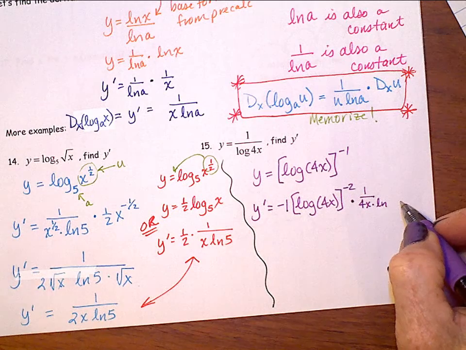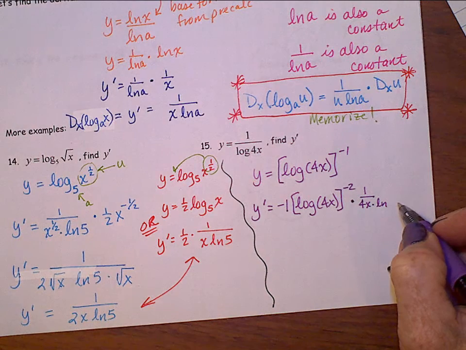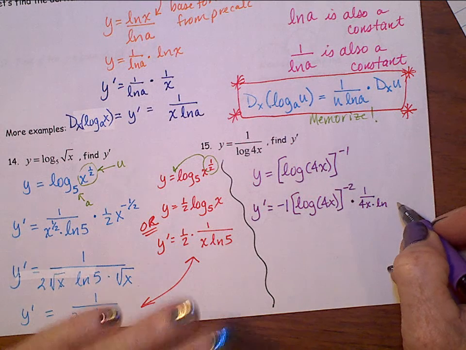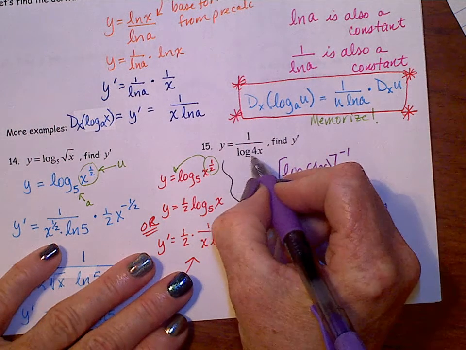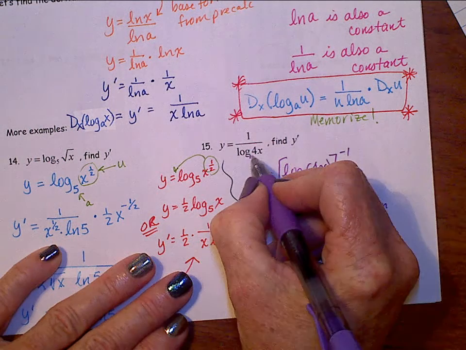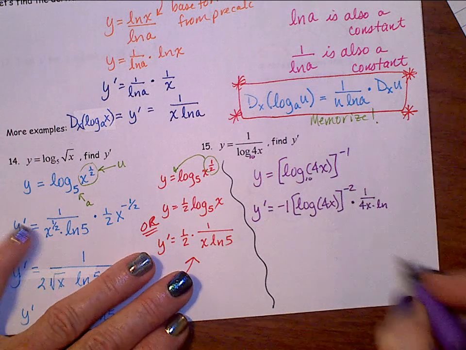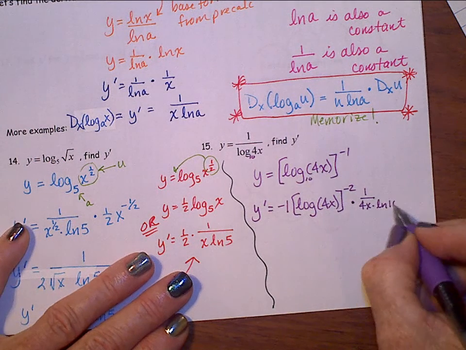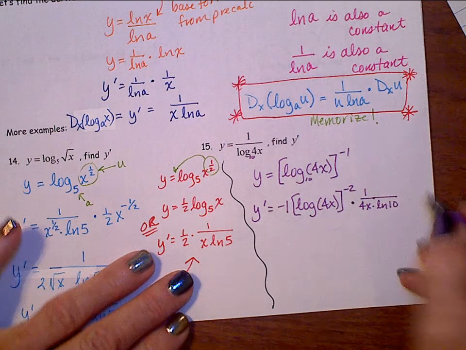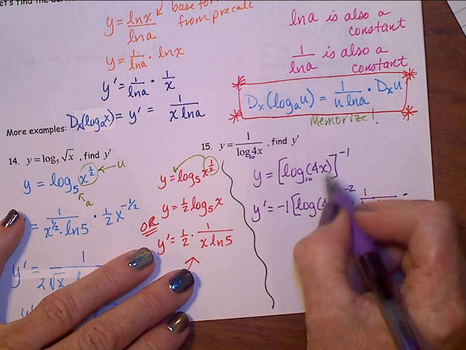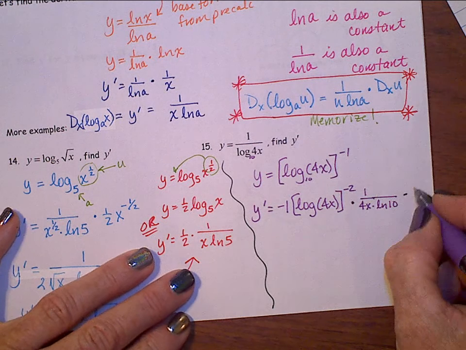Oh boy, what's a? A is the base of the logarithm. Since I didn't write it here, this was log base 10. So natural log 10 here. And then times the derivative of the inside of the log. So times a 4.